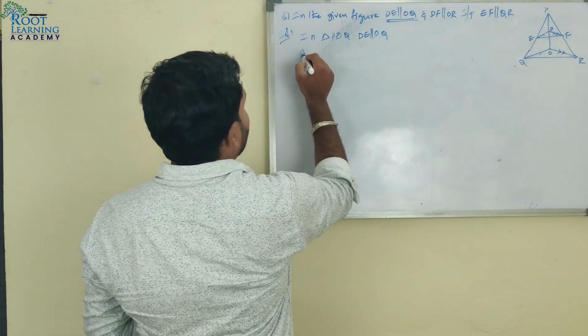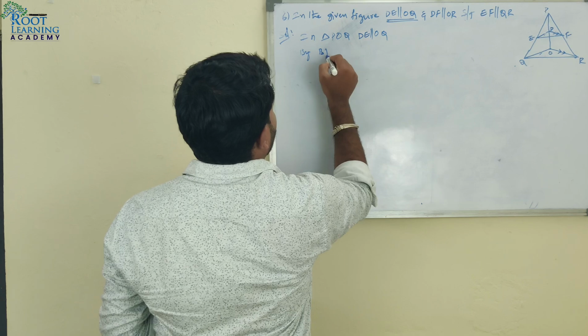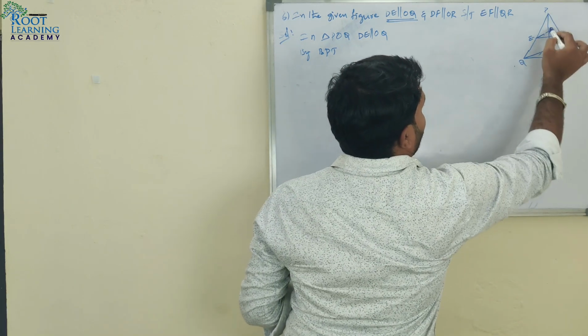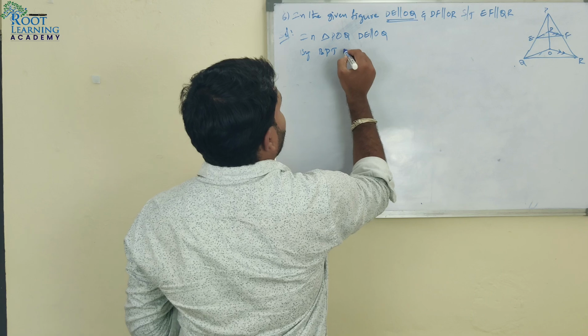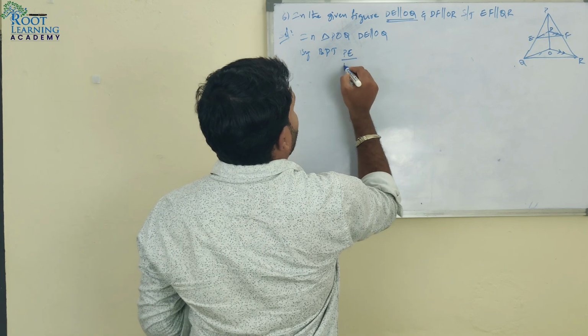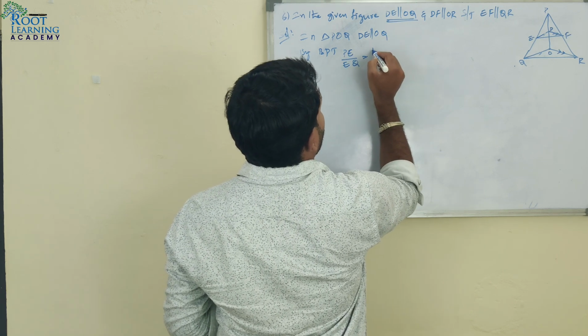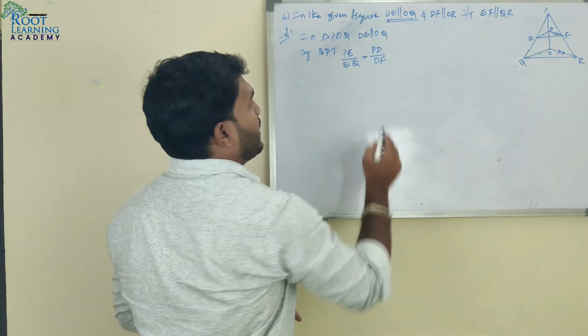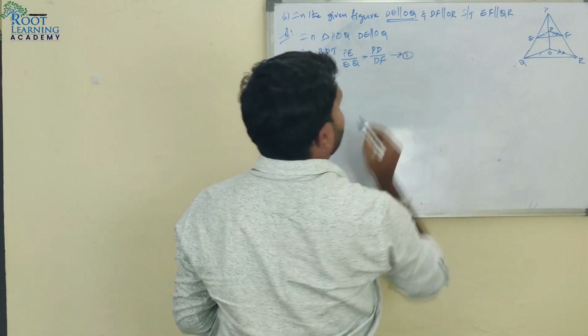So by BPT, what will we get? By BPT, PE by EQ is equal to PD by DO. Take it as equation number 1.